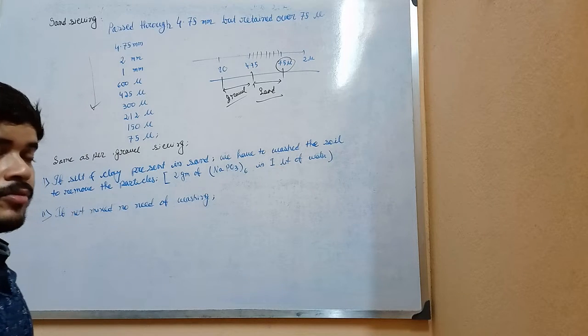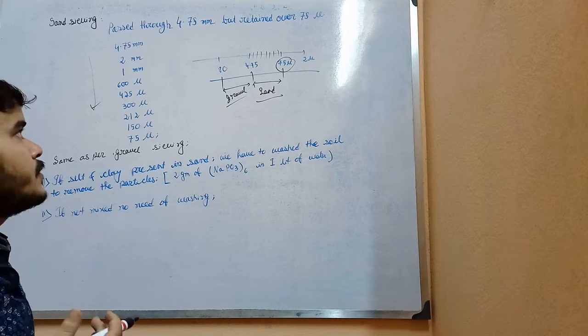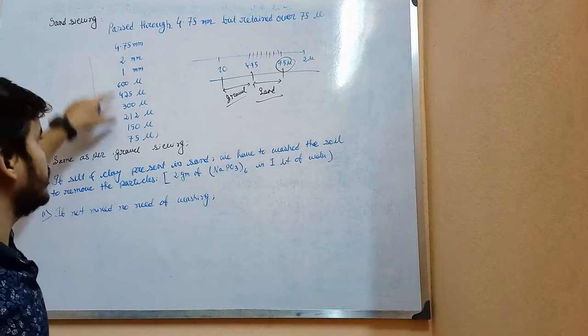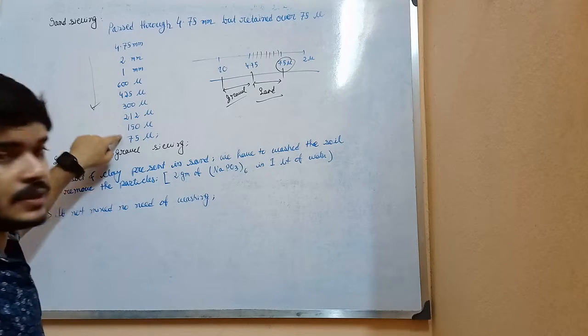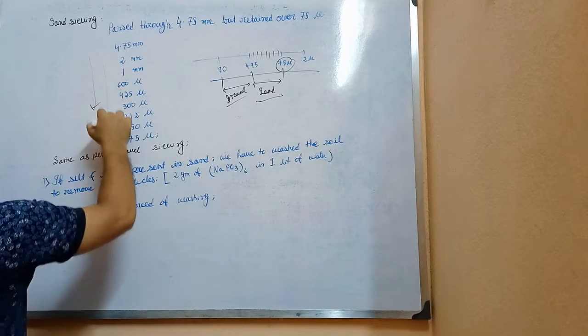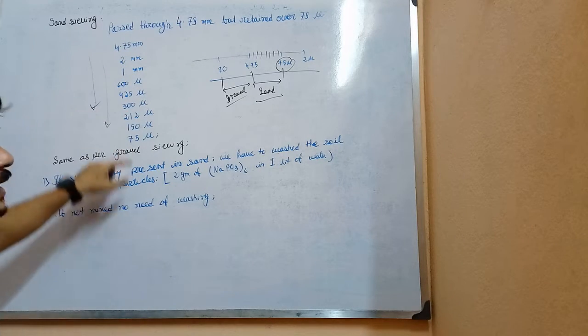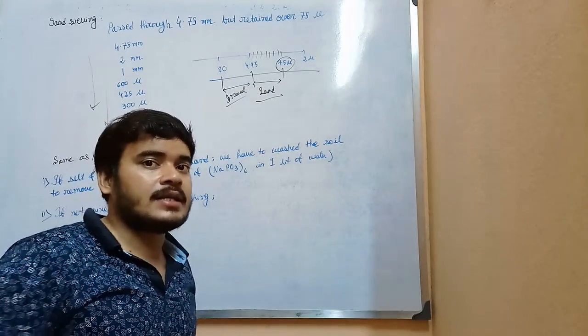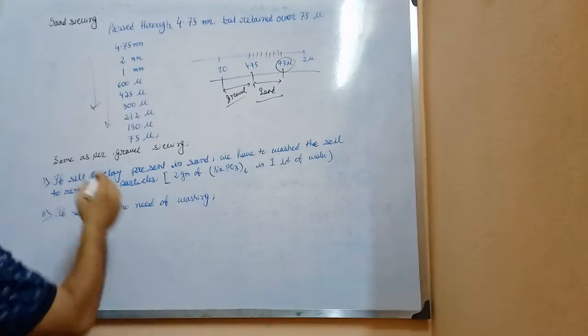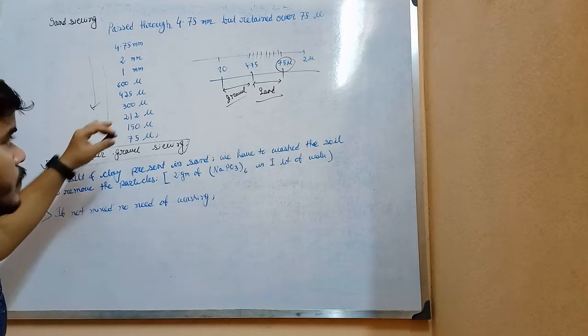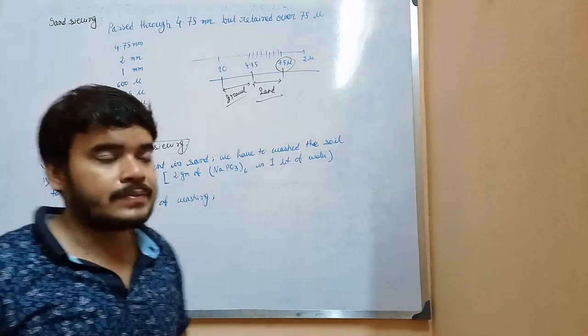As there will be different types of sand, we have to differentiate the sand on the basis of its size, so we put different sizes of sieves in decreasing order. The technique and the tabulation are the same as for coarse sieving or gravel sieving as we have done earlier, so we are not going to repeat that again.